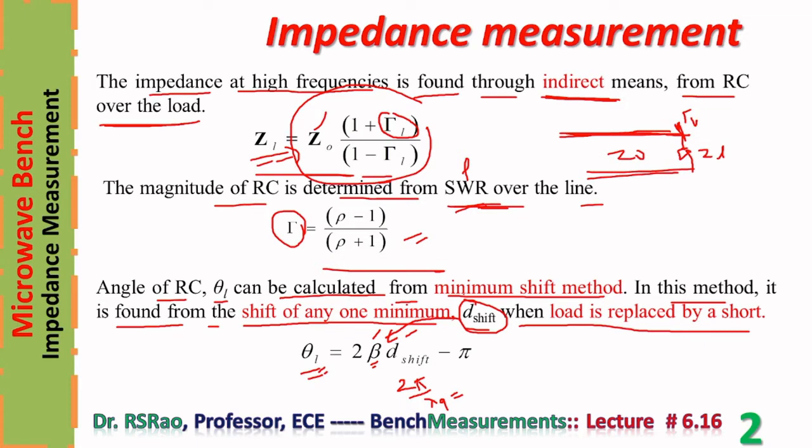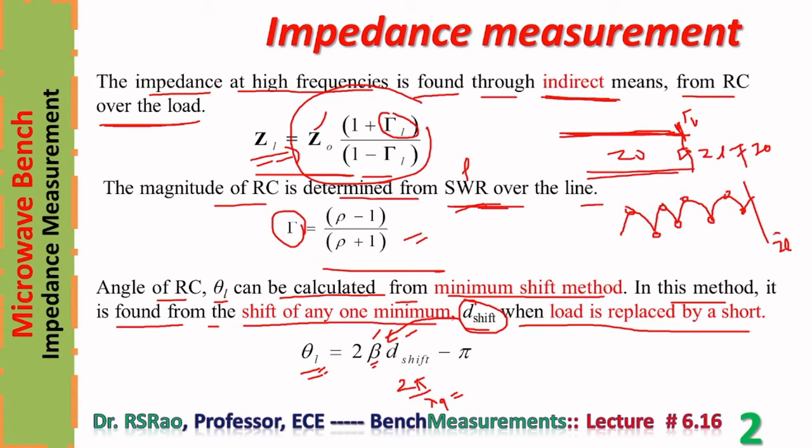Now, what is this minimum shift? When ZL is different from Z0, reflections happen over the line, resulting in the formation of a standing wave pattern. This is the load. In the standing wave pattern, one can notice several minimum points and several maximum points. These are all maximum points.